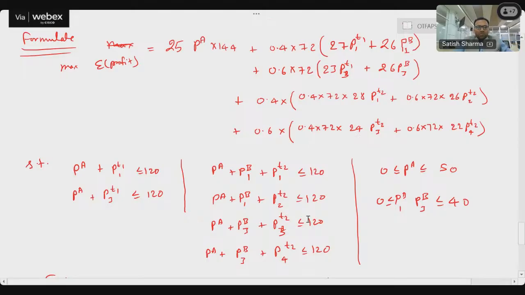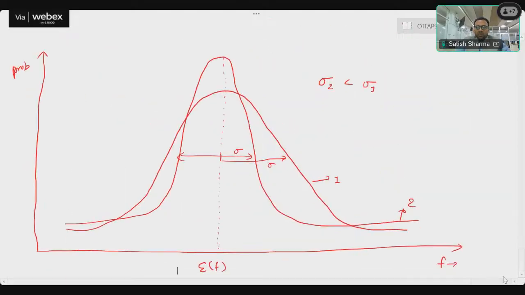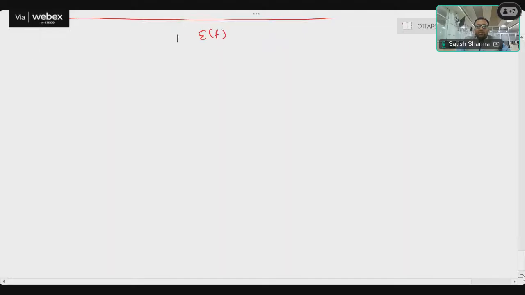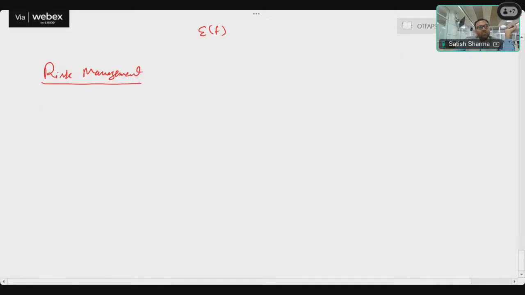But still, if we make decisions out of that, how do we handle risk, or risk management?